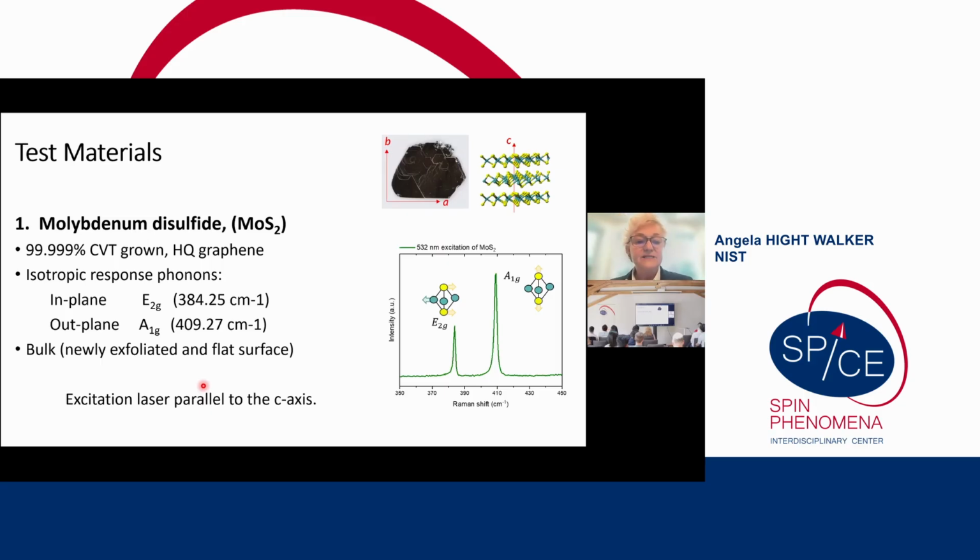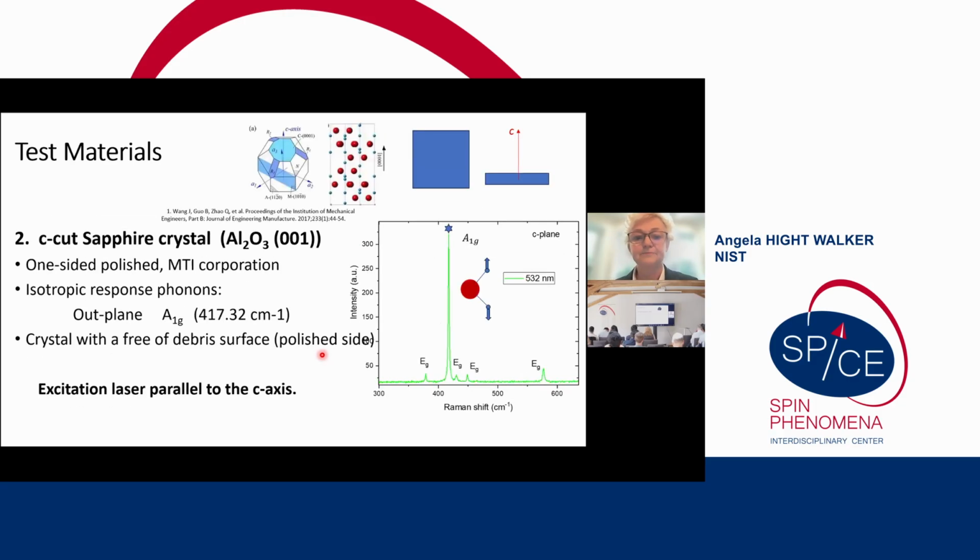Now, in the protocol, or if you're checking how well your polarization optics are working in your instrument, we highly recommend you not use few-layer molybdenum disulfide, but rather a freshly exfoliated bulk sample. That gives you the best reproducibility we've seen during the interlab study.